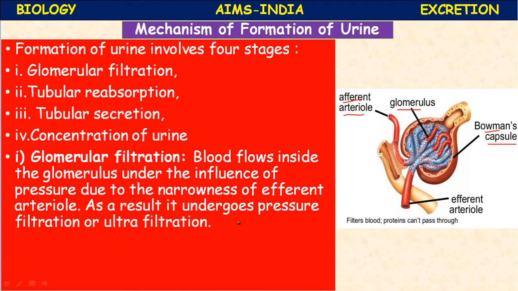As a result, it undergoes pressure filtration, or it is also called ultrafiltration. What do you call this type of filtration? Ultrafiltration. What is ultrafiltration means? It filters only unwanted substances, or selective filtration we can call it as.